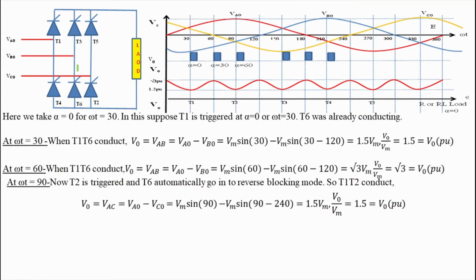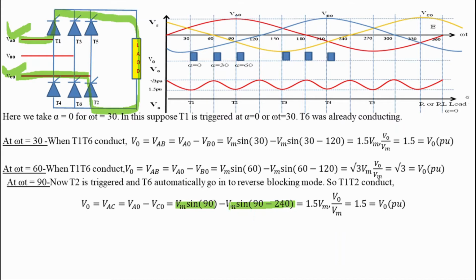When T1 and thyristor T2 conduct, we get output voltage V0 equals VA0 minus VC0, and VA0 equals Vm sin omega t. It means Vm sin 90 minus Vm sin (90 minus 240 degree), because VC0 equals Vm sin (omega t minus 240).